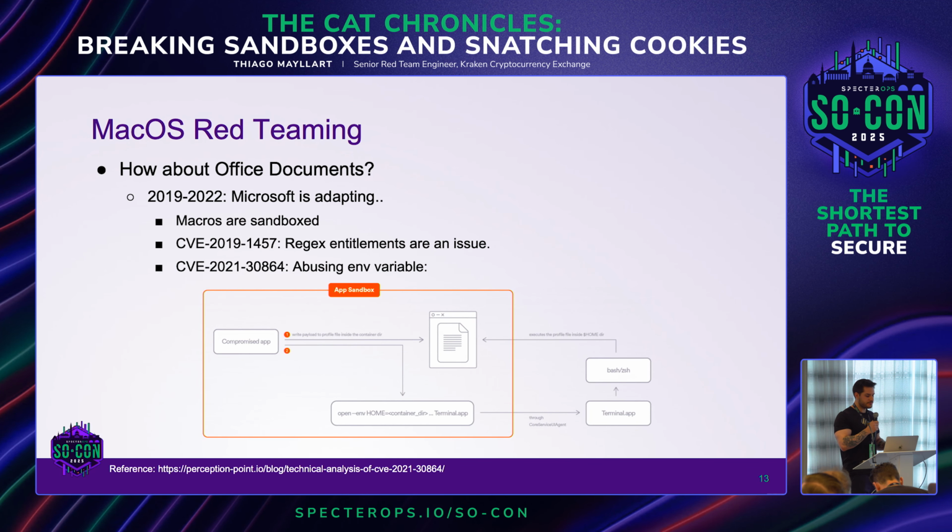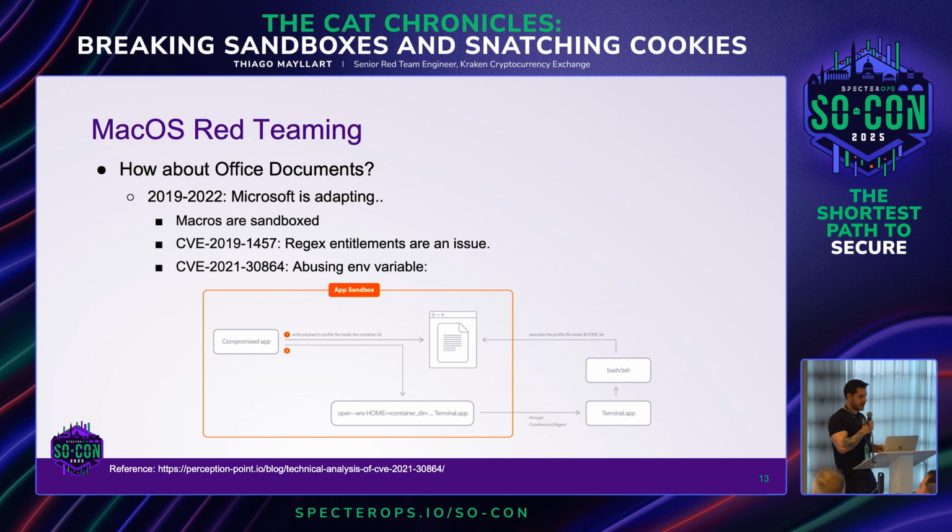And other things too. There's another CVE from 2021 that abused environment variables. You could initialize the home environment variable, and before launching the open command, terminal would inherit these environment variables set to the home, right? So you could set a bash script to actually execute that.